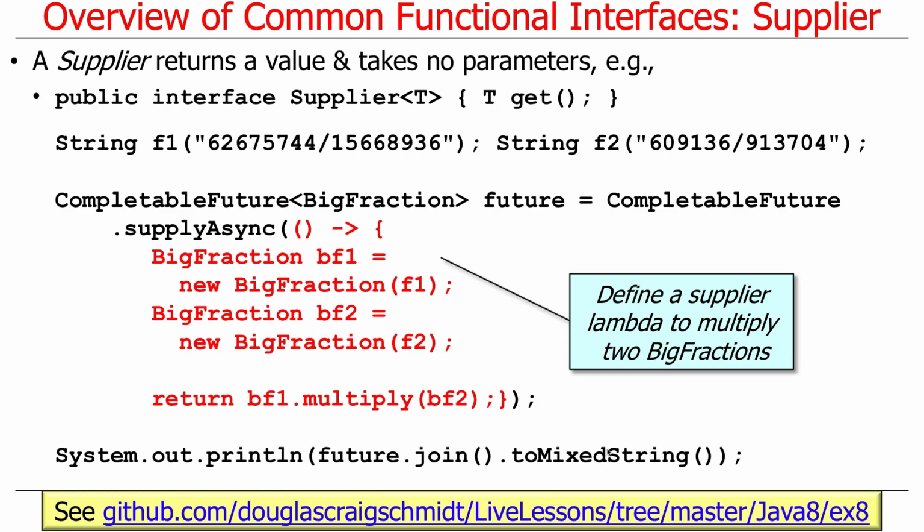So you'll notice here, to supply async, we pass a supplier lambda expression, right? There's no method name referenced here. It's just some code using the funky lambda expression syntax: open, close, arrow, open curly brace, a lot of code, close curly brace. That's all you see, right?